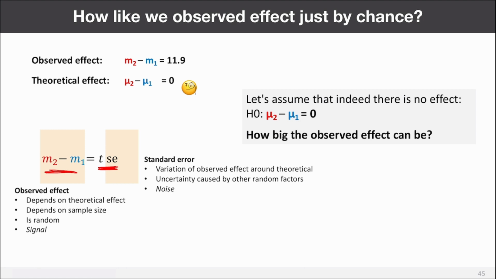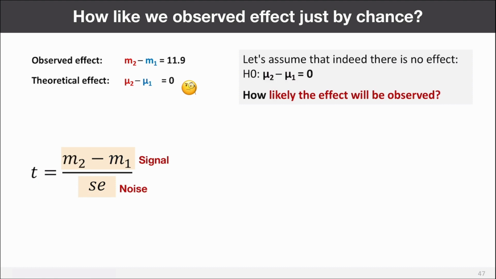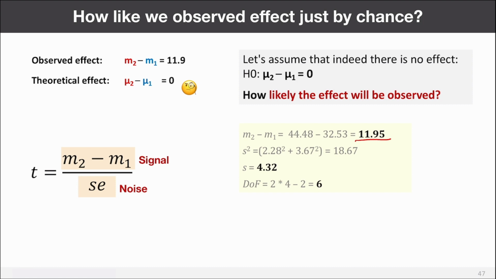Now, like in the one sample t-test, we will estimate t as a ratio between the observed effect and the standard error. So it's a signal to noise ratio, right? For example, in our case, this is the observed effect. Remember, this is the pooled variance, pooled standard deviation. This is the amount of degrees of freedom. So our standard error can be estimated as 2.16.